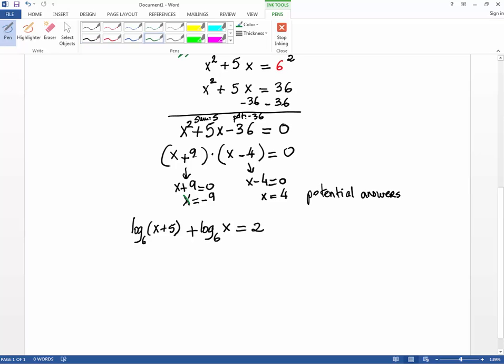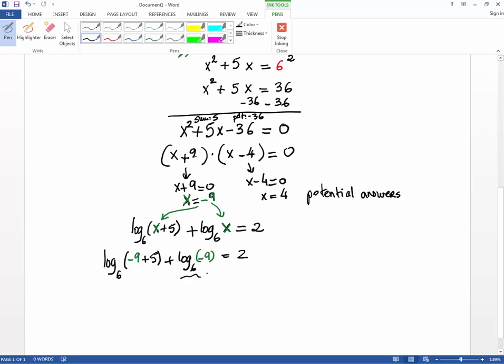Let me try first replacing x by negative 9 inside of that equation. So we would have log base 6 of negative 9 plus 5 plus log base 6 of x being replaced by negative 9. Is that equal to 2?